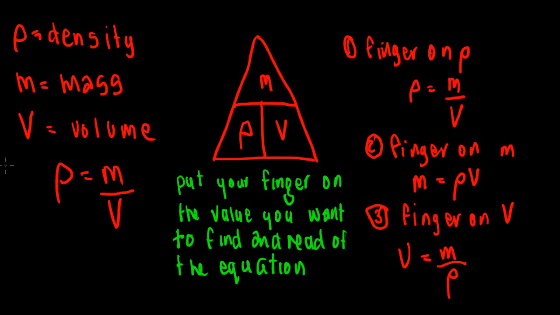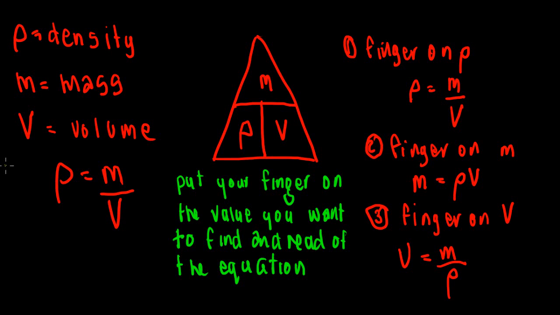Mass over volume. Now, there are a number of little formulae like this in a number of disciplines. In electricity there's one, and there are other ones where you've got three variables in this kind of layout.